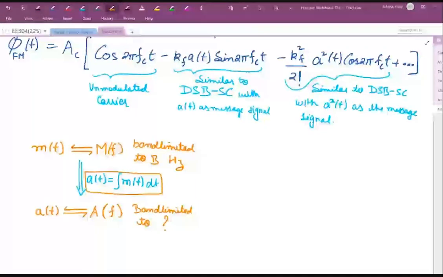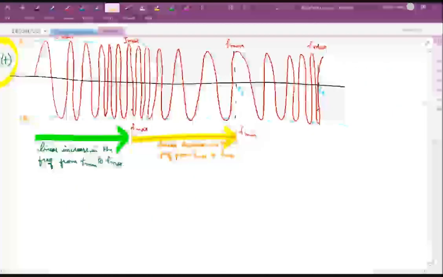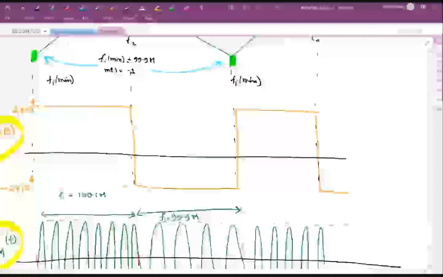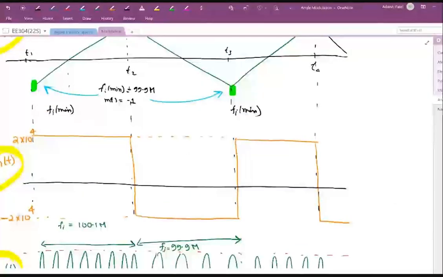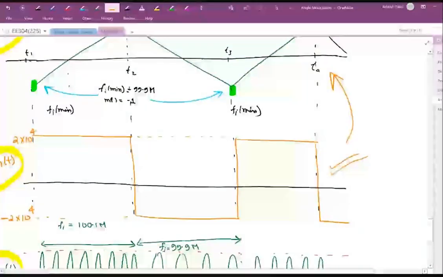So if we start off with this signal, let this be m(t). If I say that this rectangular pulse is m(t), we know that the triangular pulse is the integral of the rectangular pulse.